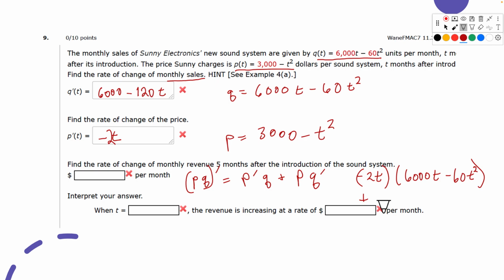And then we add P, which is 3000 minus t squared, times the derivative of Q, which is up here. That's going to be 6000 minus 120t.